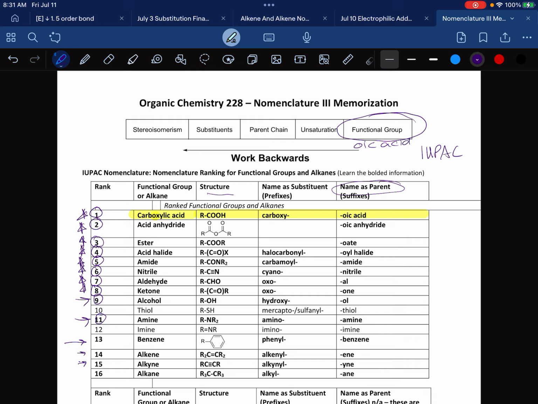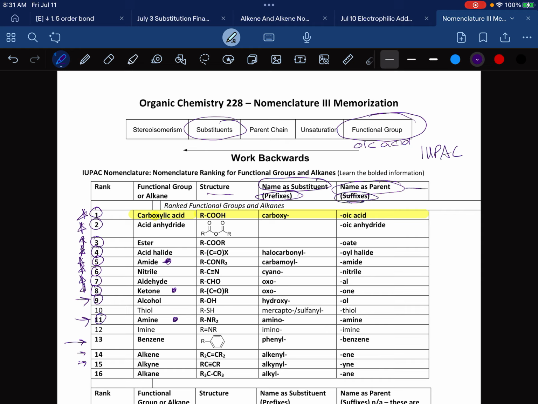And if I had any of these other functional groups present listed below it, let's say I also had an amide, and I also had a ketone, and I also had an amine, then these would get moved into the substituents category. So anything that is not the ranked functional group is going to be named as a substituent. So that's why we'll need to memorize both the prefixes that are listed here and the suffixes.